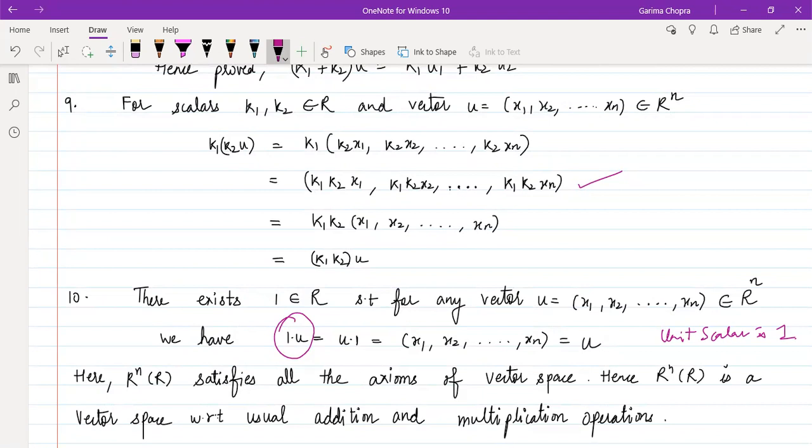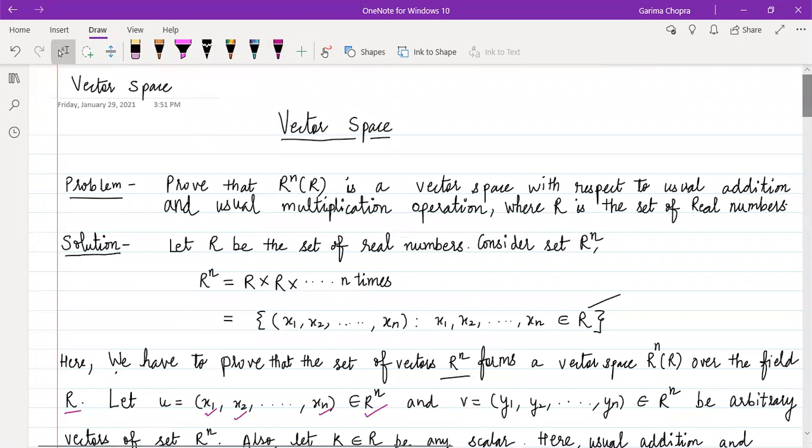We are able to prove here that the given set of vectors, which is n-dimensional, forms a vector space over the field R. So whenever we have to prove that any set of vectors forms a vector space over any field F, which may be the set of real numbers or the set of complex numbers, we need to verify all the axioms. And if there is any axiom which we are not able to prove and which doesn't hold, it means that the set of vectors will not form a vector space over the field K.